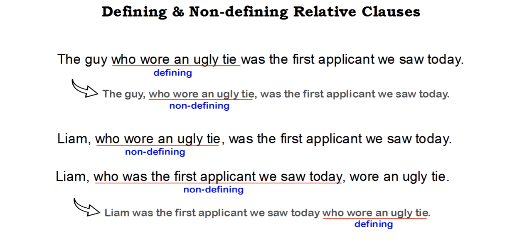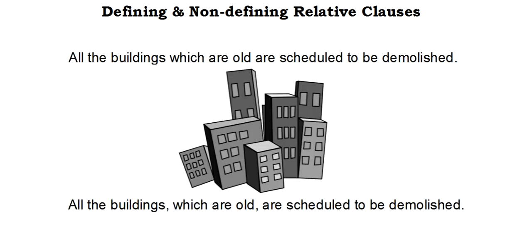Sometimes this difference can be really crucial to our understanding of the information. I'm going to show you a very important example, a good one to show your students. Here I have two sentences, almost exactly the same except for two little commas, but there is a huge difference in their meaning. So the first one, all the buildings which are old are scheduled to be demolished.